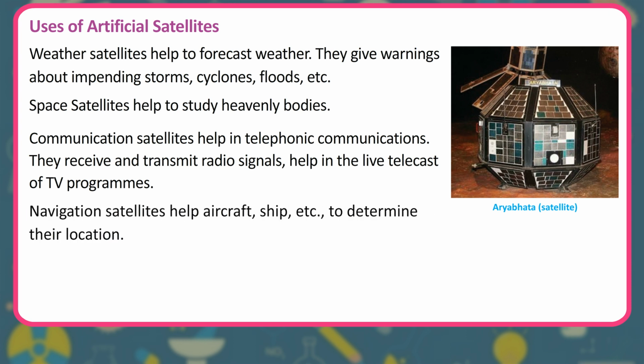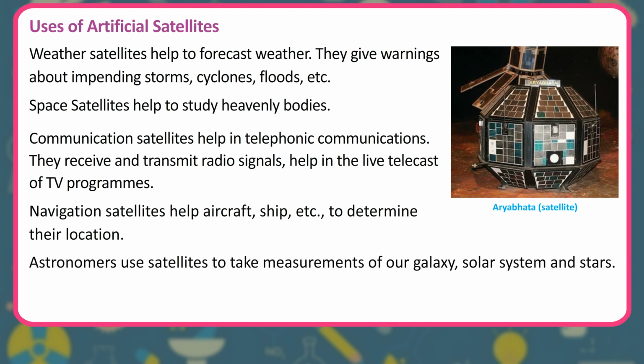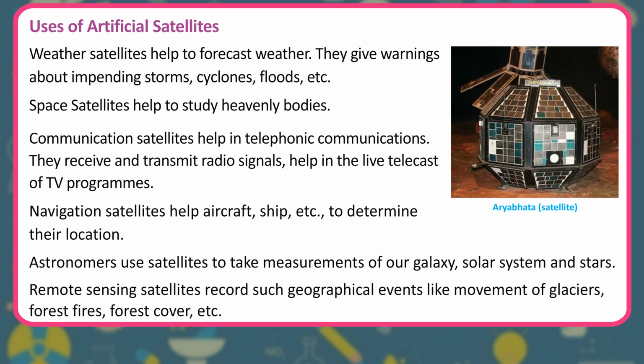Navigation satellites help aircraft, ships, etc. to determine their location. Astronomers use satellites to take measurements of our galaxy, solar system and stars. Remote sensing satellites record geographical events like movement of glaciers, forest fires, forest cover, etc.